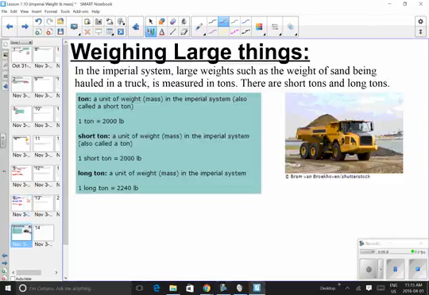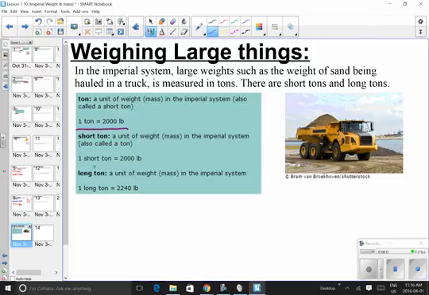So that was with relatively small things. What about if we're measuring really, really big things? So we have 3 different kinds of tons, which gets confusing. So we call them a ton, a short ton, and a long ton. All right, so a ton is 2,000 pounds.